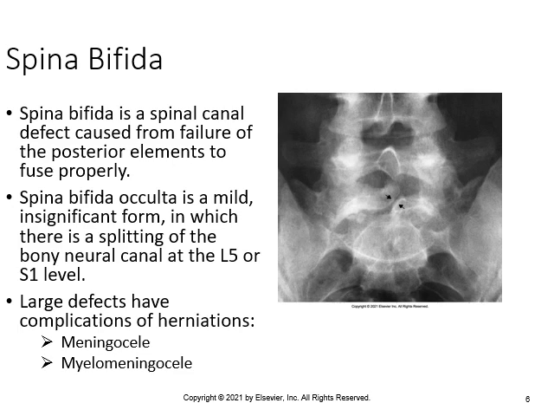Spina bifida occulta, which is the image we see here onto the right, is very mild and often found only as an incidental finding. What we see with spina bifida occulta is that there's a splitting of the neural canal at L5-S1 levels.